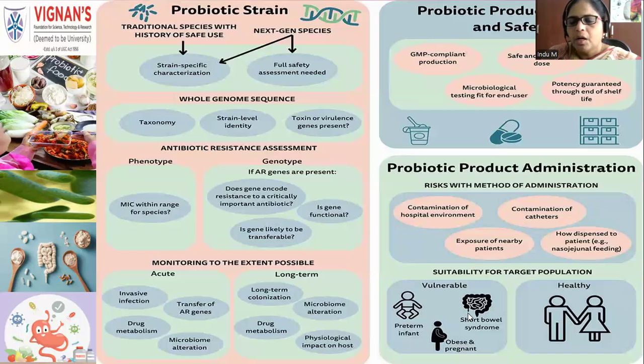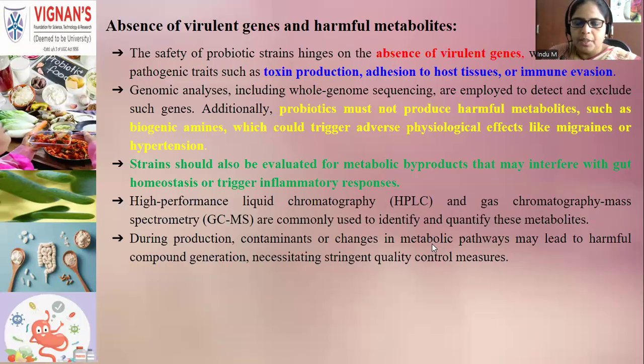Because of lack of beneficial bacteria in their gut system, they are generally prone to various diseases. So in order to avoid this, we need to target these vulnerable people by providing probiotic and prebiotic products. The healthy people, again male, female, and what is the age of the people. So all these aspects we need to cover in terms of safety.